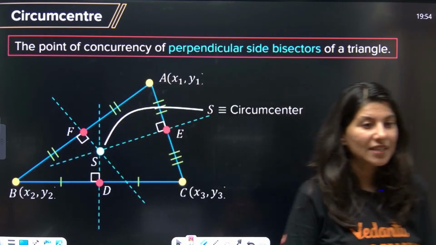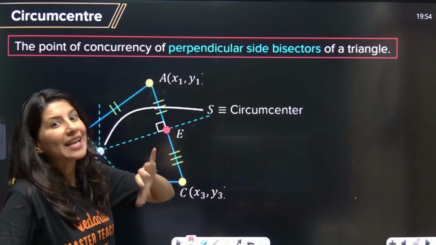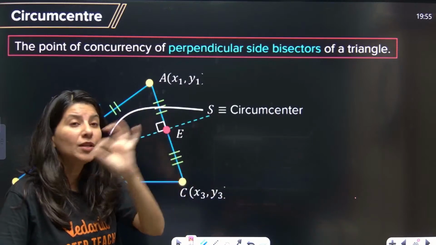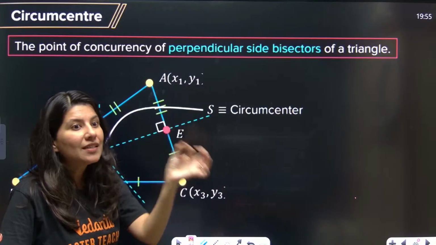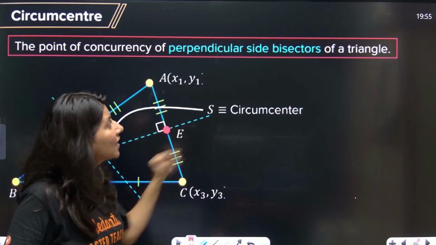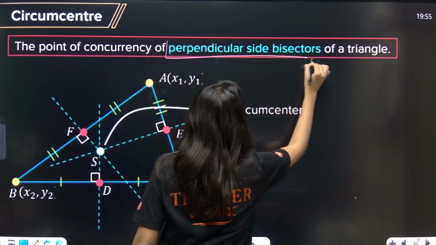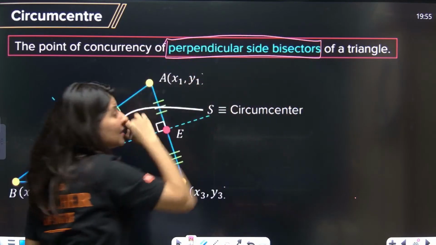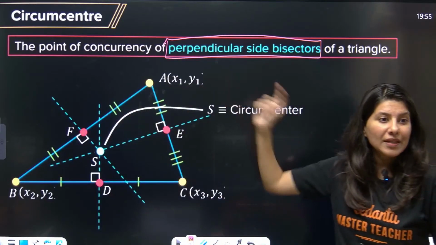Now what is circumcenter? Circumcenter and orthocenter is something students get confused about. You should be able to differentiate very clearly between circumcenter and orthocenter. Circumcenter is nothing but the point of concurrency of the perpendicular bisectors. Now understand, what is the difference between altitude and perpendicular bisector?